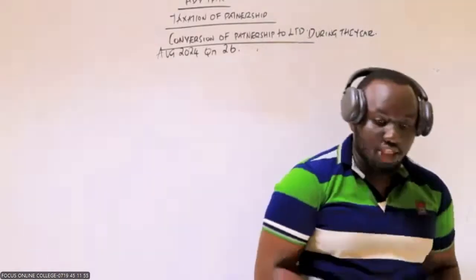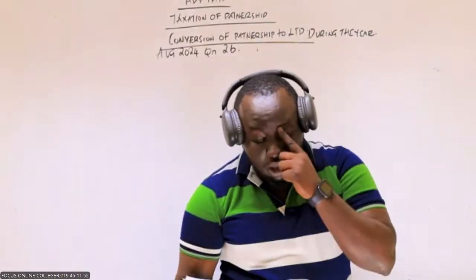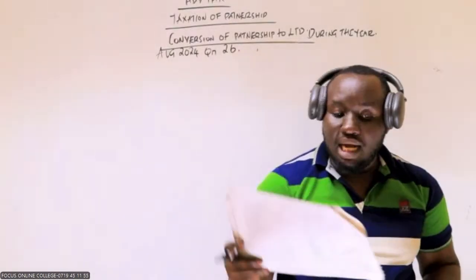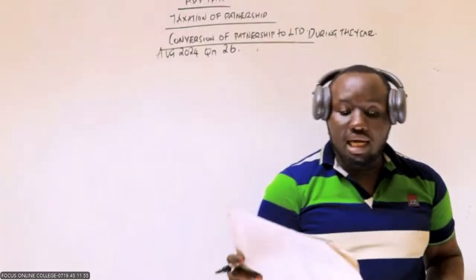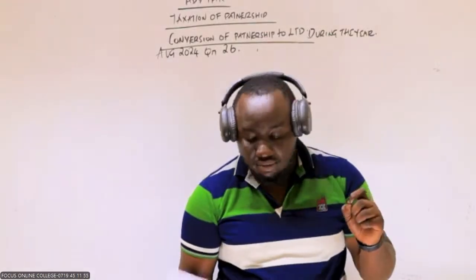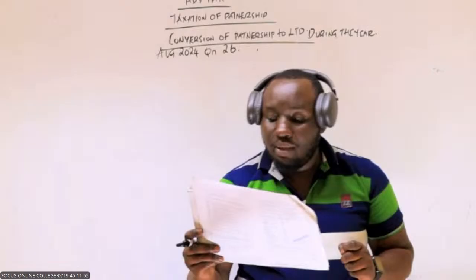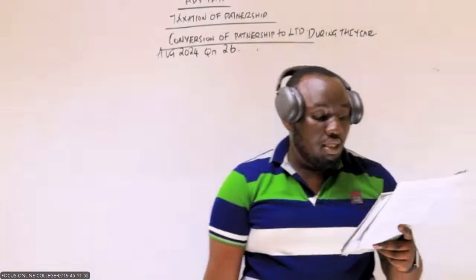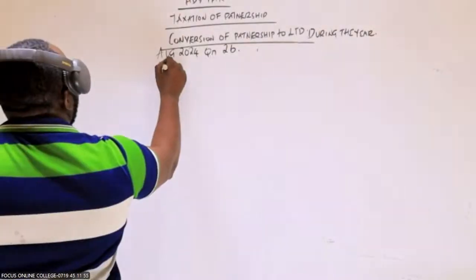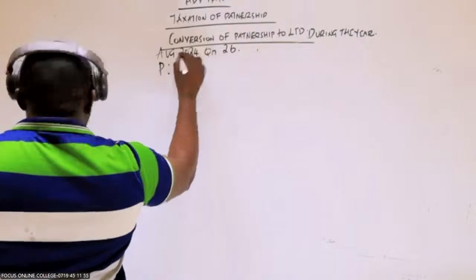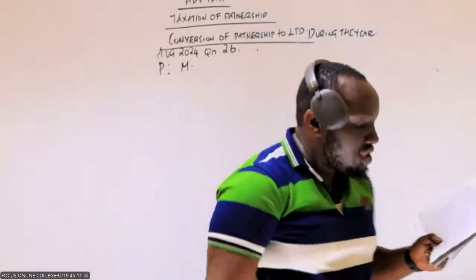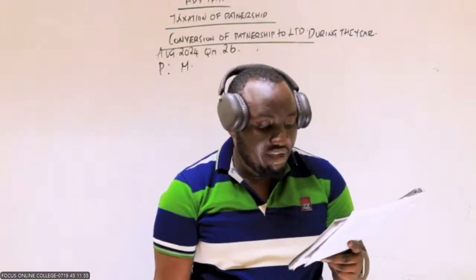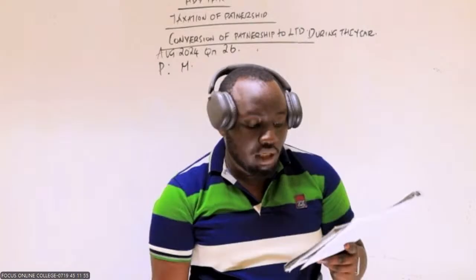So perfect. Thank you, Joy. So then we look at question 2B. The examiner tells us that Paley and Mark have been in partnership, trading as Pama Limited, from 1st January 2021, having contributed capital.